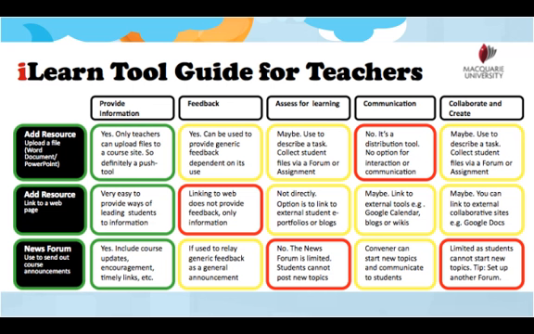As a team, we looked at this model, this matrix, and decided on our own key pedagogical areas, being providing information, feedback, assessment for learning, communication, collaboration, and creation of content.